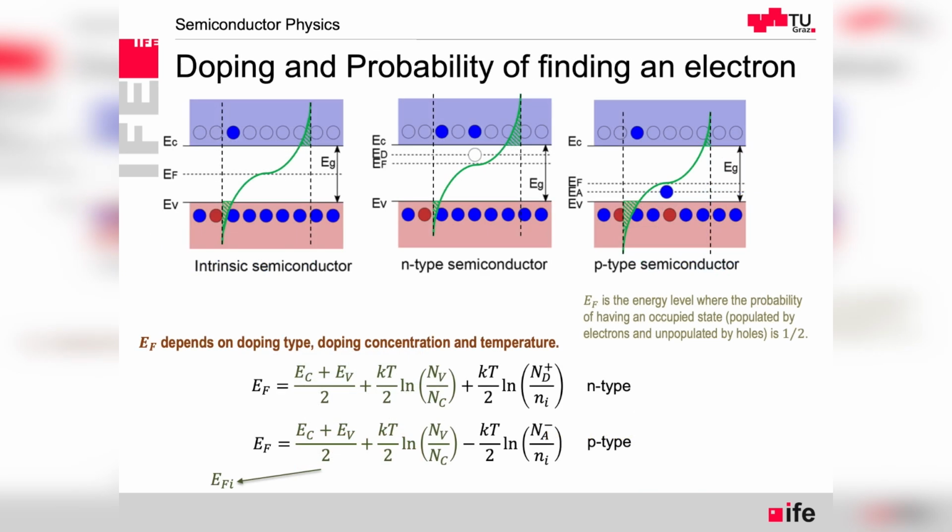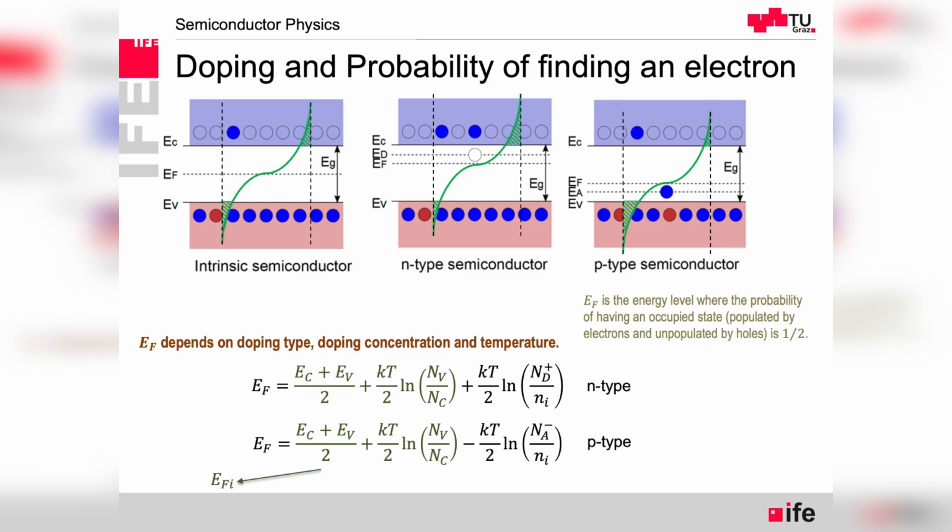Here we have the doping and probability of finding an electron. That means the energy, Fermi energies. For an intrinsic semiconductor, we have just the first green part. And when we add n-type doping or p-type doping, then we will have this component. So the Fermi energy is shifting.